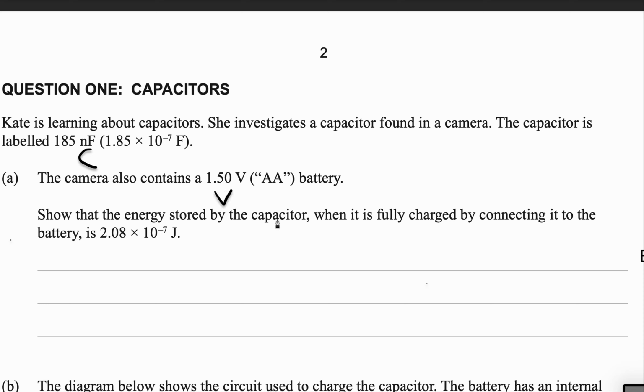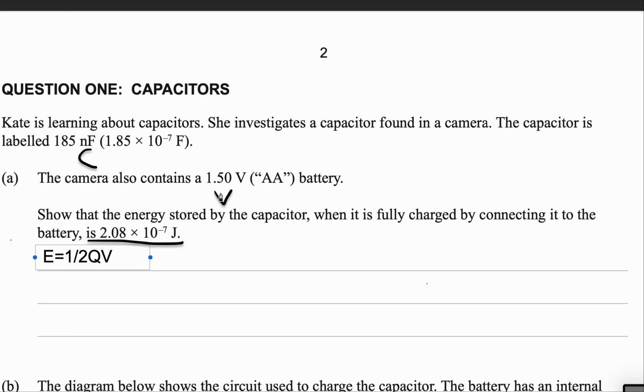Show that the energy stored by the capacitor when it is fully charged by connecting it to the battery is 2.08 times 10 to the power of -7 joules. So we're just going to prove that that is the answer. We plug in our formula for energy for a capacitor, which is E equals 1/2 QV.